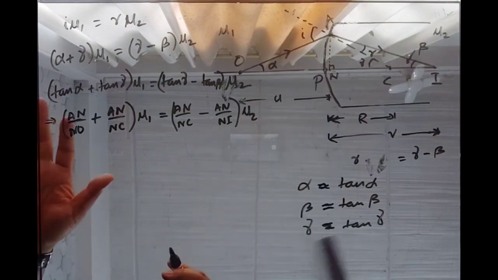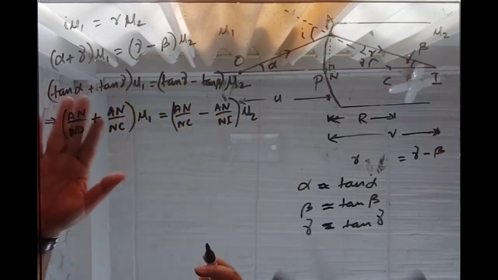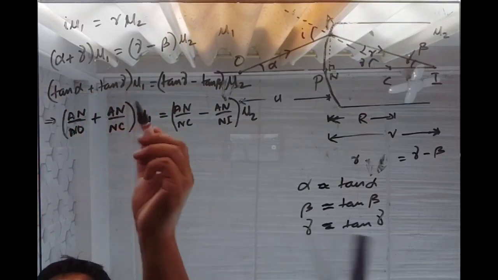Here we can take AN as common and cancel.